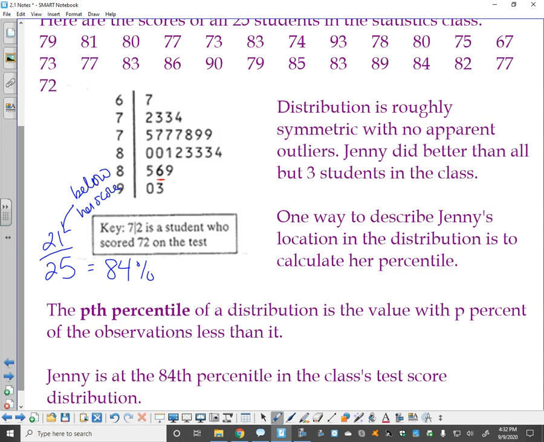She is the 22nd person, and then 3 people scored above her. So that puts her in the 84th percentile. Again, she didn't make an 84, she made an 86. But she scored better than 84% of the class in the class test scores distribution. So, percentile.